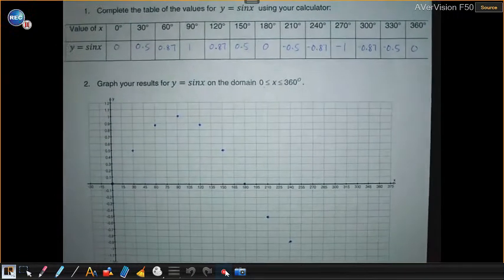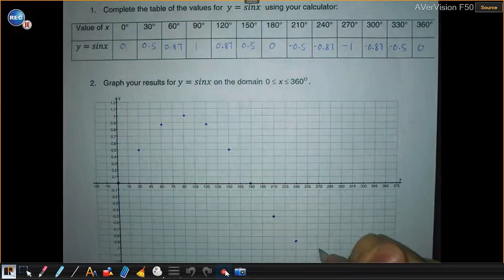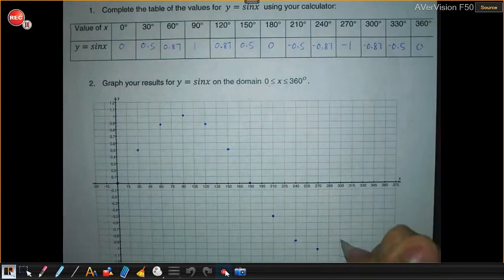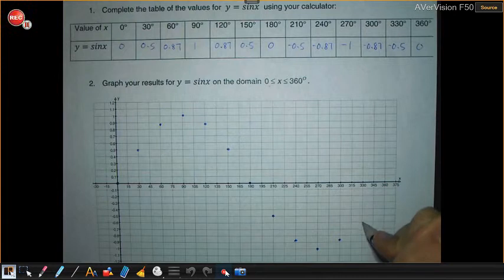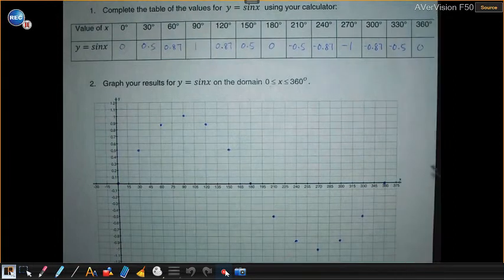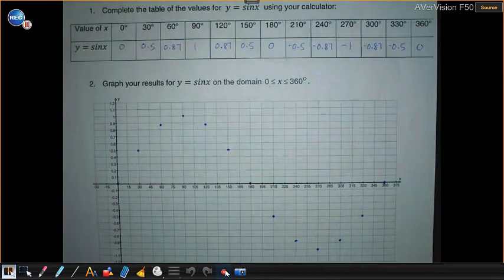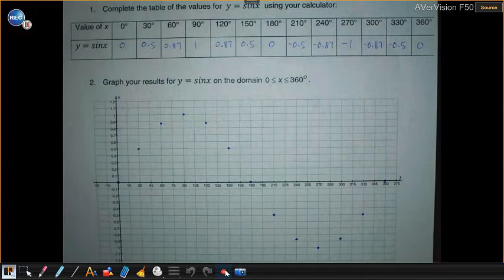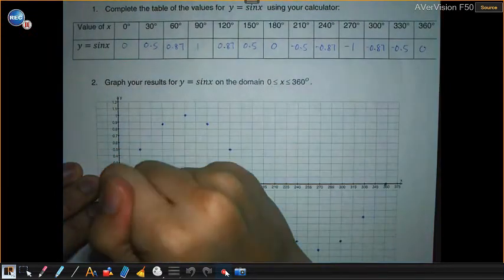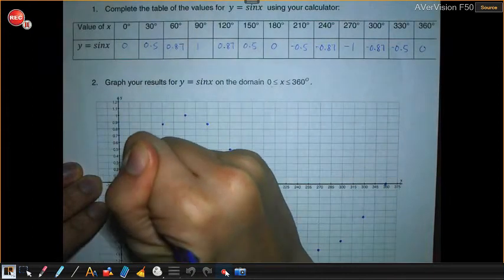270, negative 1. 300, negative 0.87. 330, negative 0.5. And 360, 0. Now we're going to do our best to connect all these points together to form a nice sine curve.